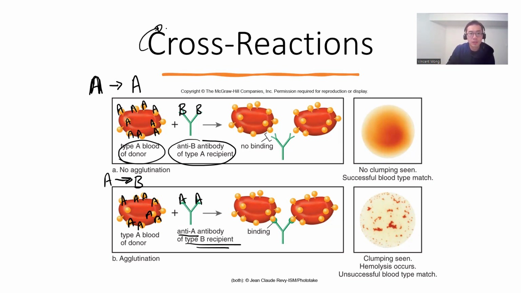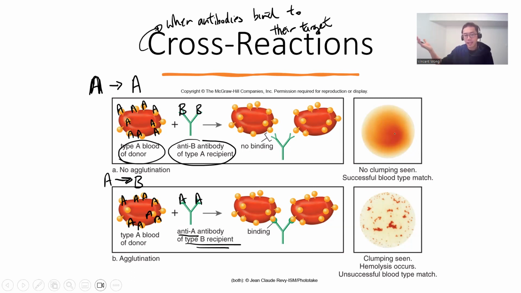A cross reaction is when antibodies bind to their target. The target is the antigen in this case. And what's going to happen is that will cause clumping.